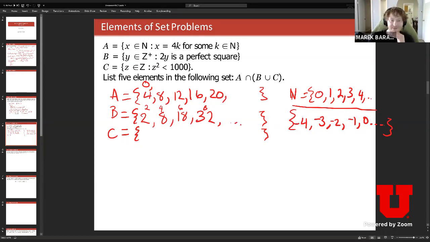And elements of Z or C, I'll just write these. And nope, not negative.